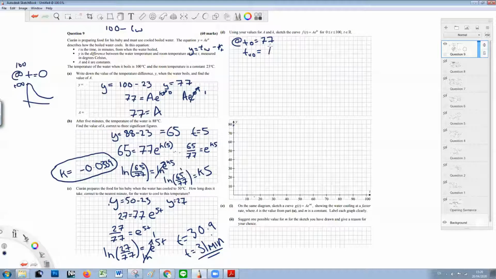So it's going to be A e to the K T, or 77 e to the minus 0.0339, and my T is going to be 10. So that value is going to come to 55.